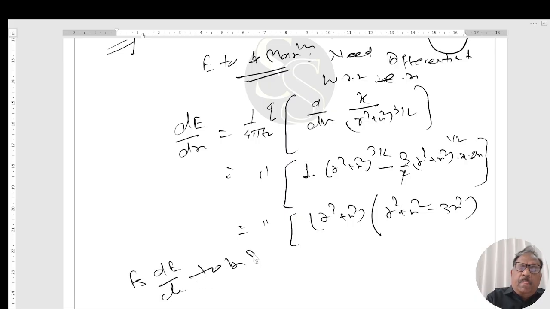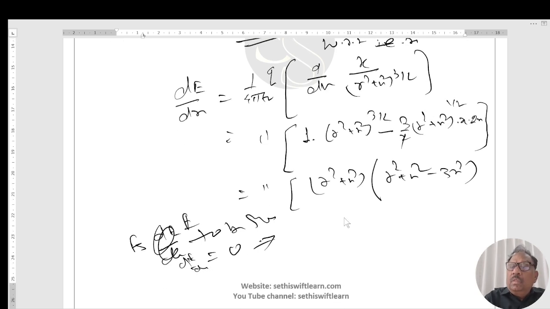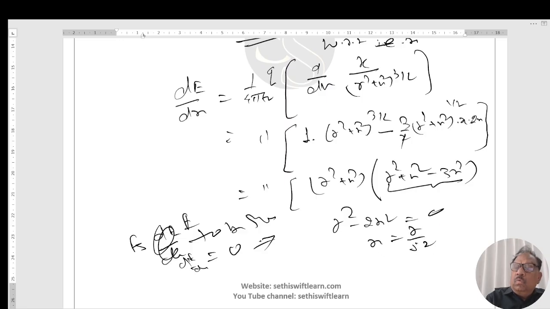For E to be maximum, d by dx should be equal to 0. That is r square minus 2x square. This term equal to 0. X comes out to be r by root 2.